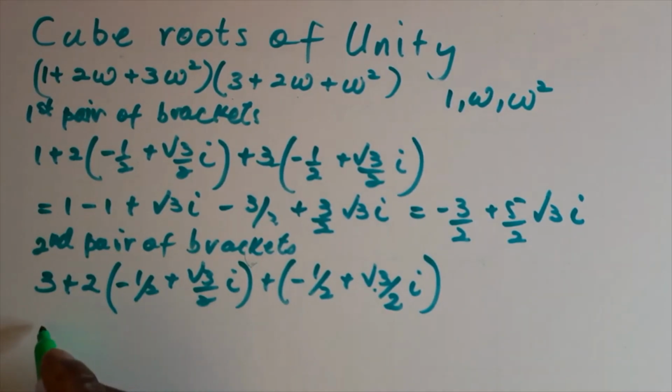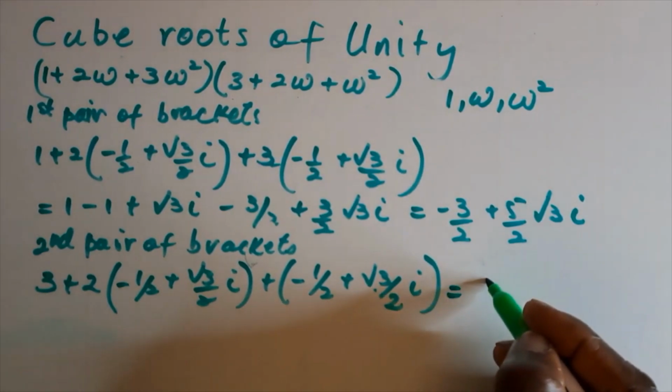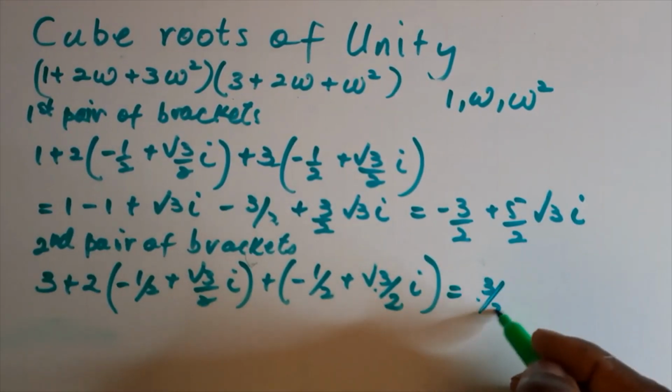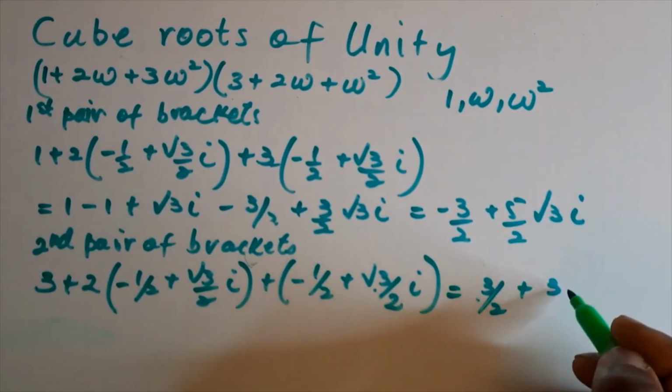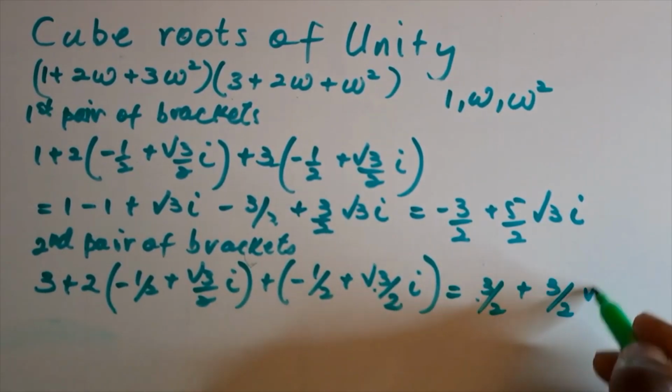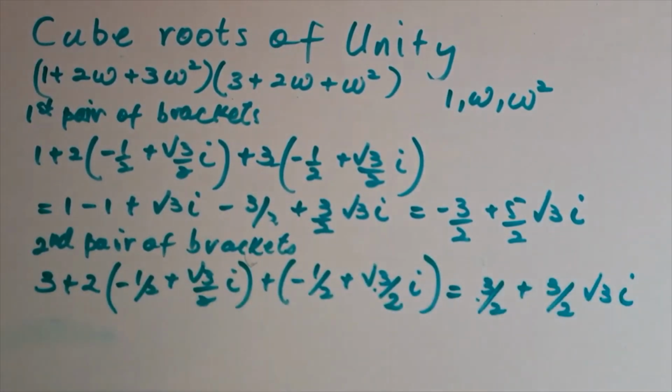And this evaluates to 3 over 2, add 3 over 2 root 3i.